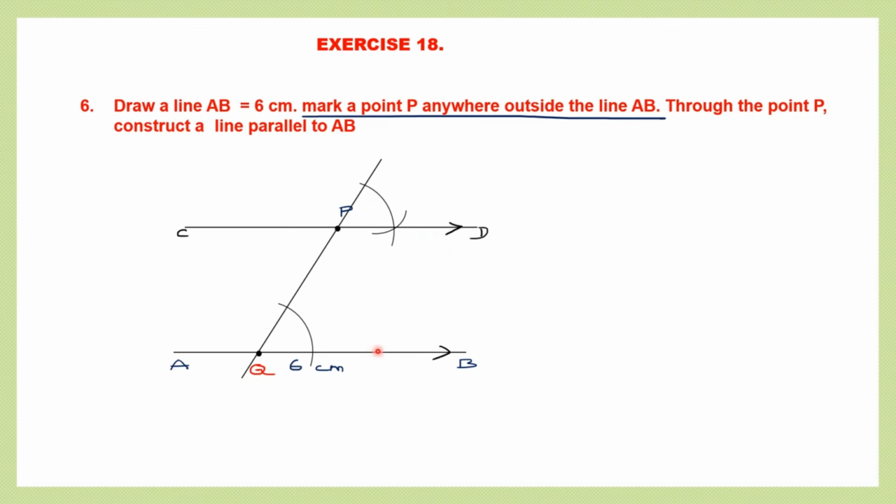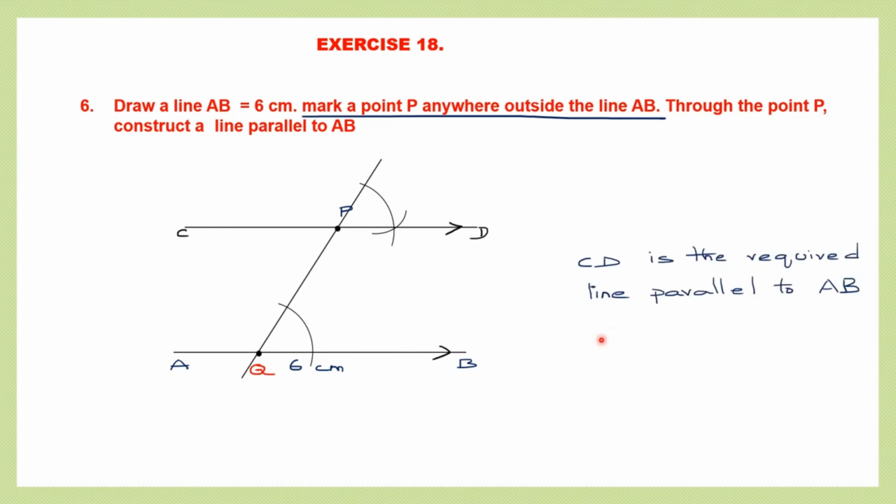They are parallel if this transversal has cut it in such a way that two angles are formed and these two angles are equal. So these are corresponding angles, they are equal, and because they are equal, now the two lines that have been drawn are parallel lines. So we can say CPD or CD is the required parallel line.